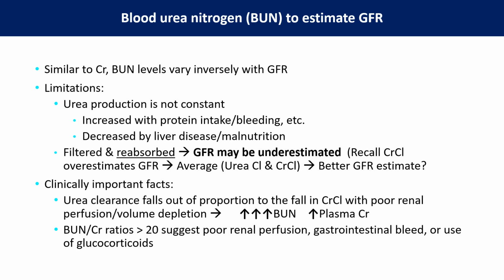Because of the disproportionate increase in BUN and creatinine levels, increased BUN to creatinine ratios greater than 20 typically suggest reduced renal perfusion. Conditions associated with increased urea production or catabolism, including gastrointestinal bleed and the use of glucocorticoids, can also give rise to high BUN to creatinine ratios.